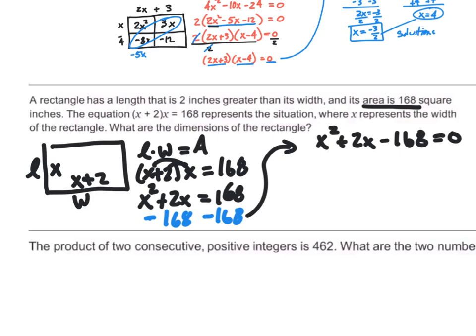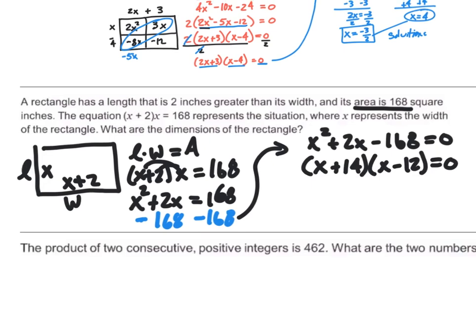Let me figure that out for just a second. After a little bit of calculation, what I figured out was x plus 14, and then x minus 12, and set that equal to 0.